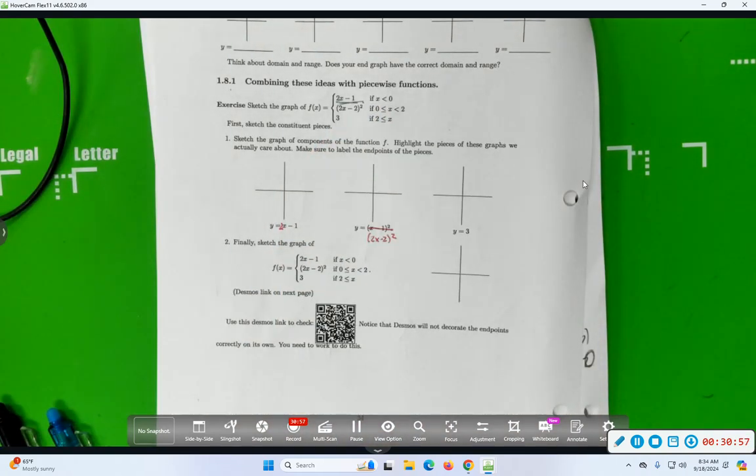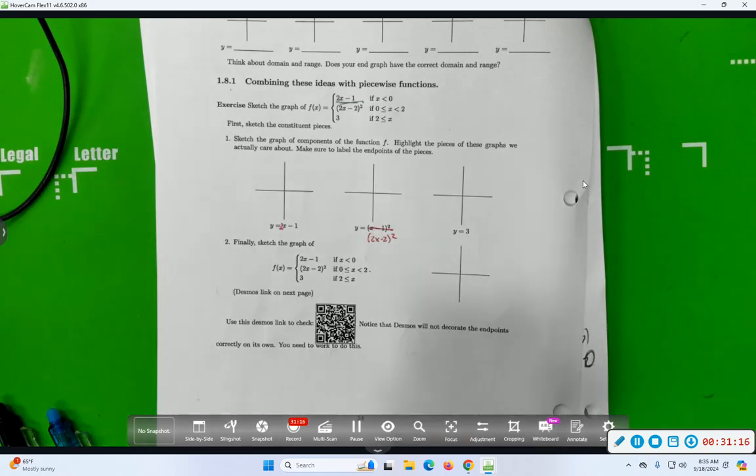Let's start with the graph of 2x minus 1. Is that something whose graph you just know? Yeah, tell me about its graph. Slope of 2, y-intercept of -1. Straight line, slope is 2, y-intercept at -1.